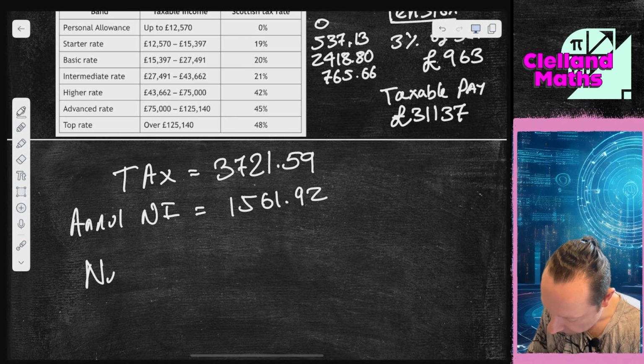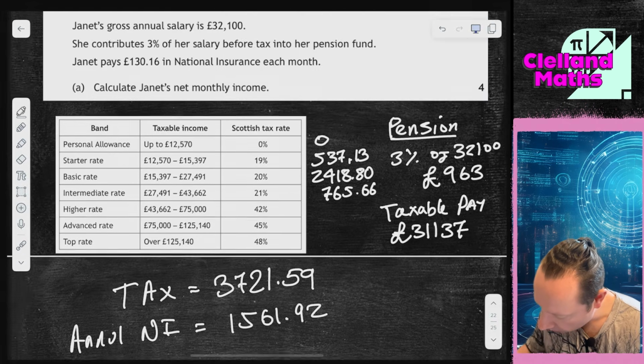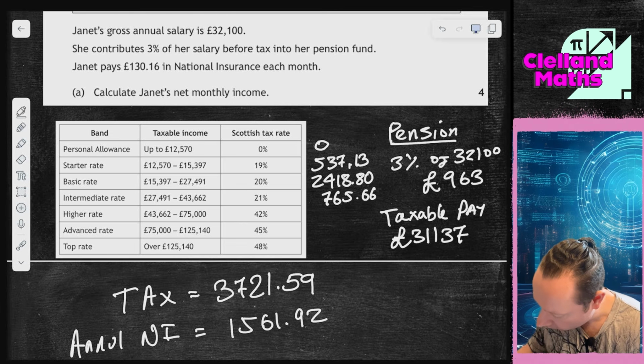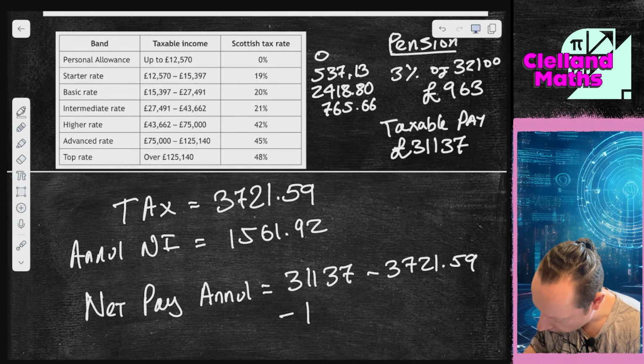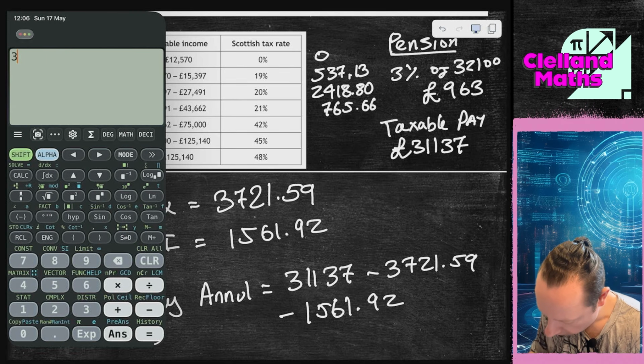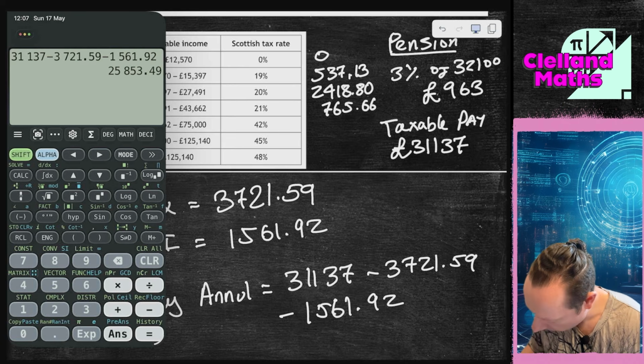So net pay annually is equal to, well, I've already taken the pension off, so 31,137 minus the tax minus the national insurance, and you get 25,853.49.